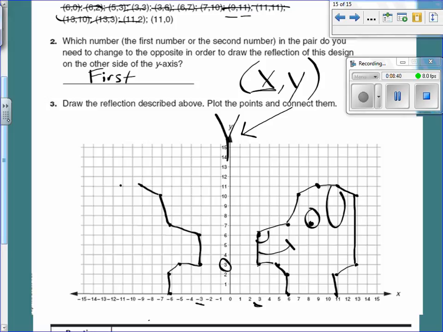So right here. Then we have negative 13, positive 10. So we're back on that 10. Then I have negative 13, positive 3. Then I have negative 11, positive 2.